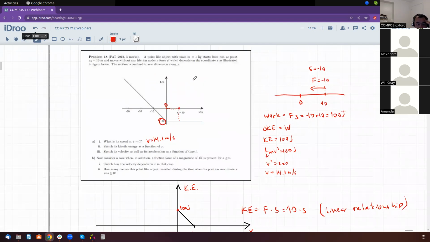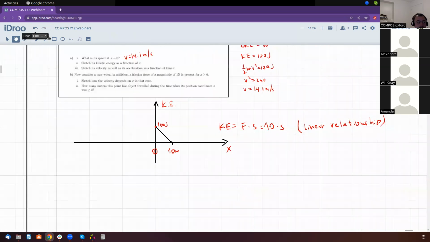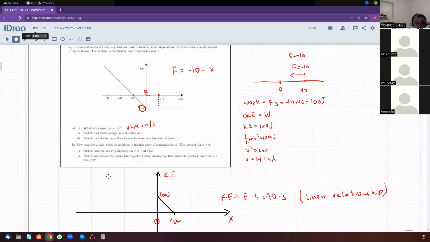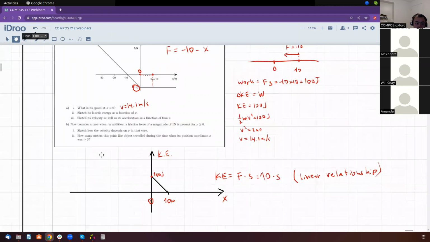So we can write down the expression for force. Force is -10 minus x. This is the little straight line, the straight line for force, and I worked out the equation. -10 is the y-intercept, and -1 is the gradient, so it's -10 minus x. And the displacement is minus x technically.